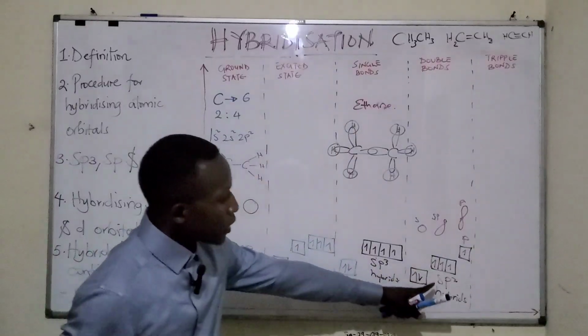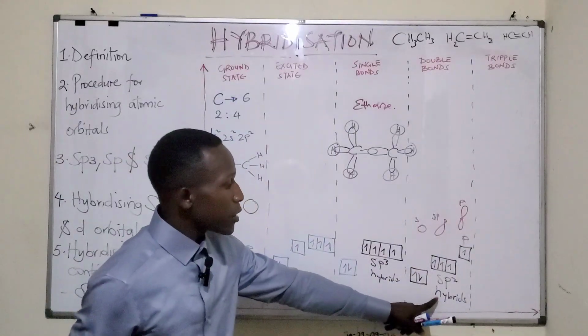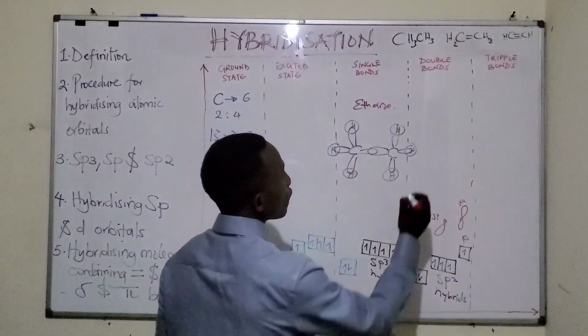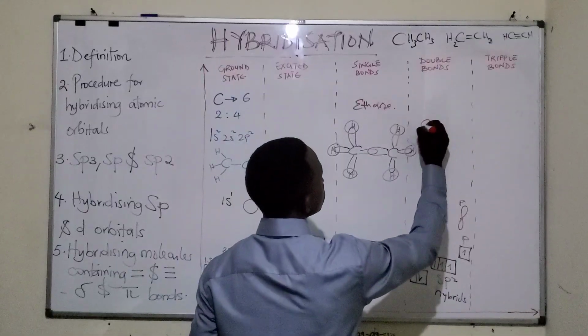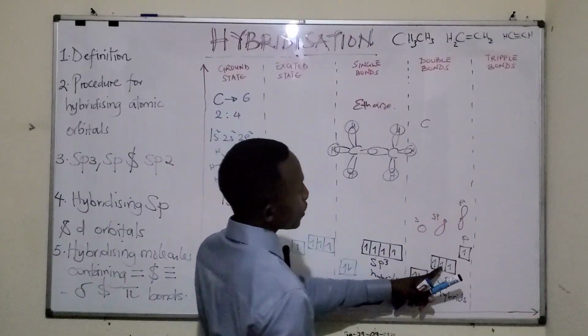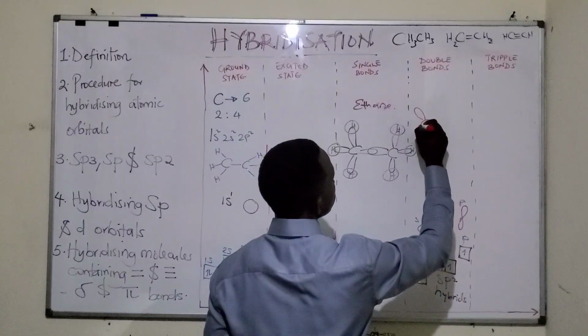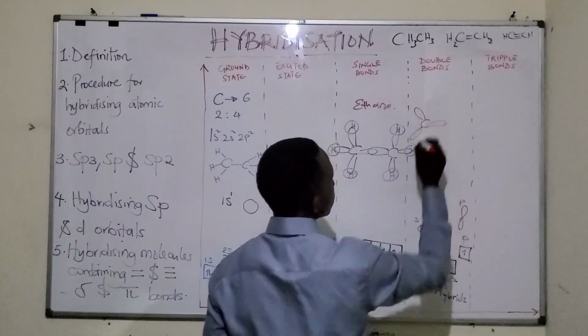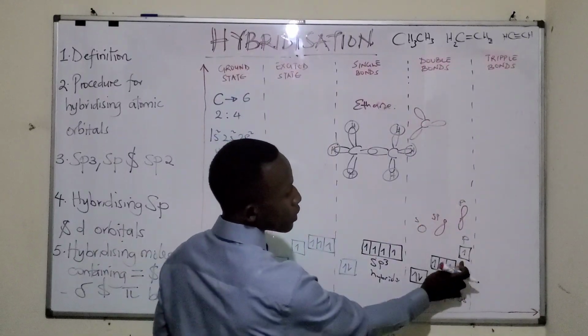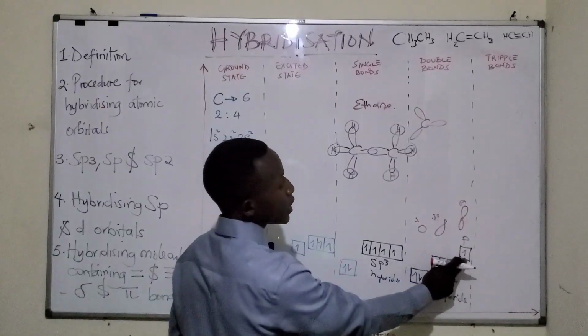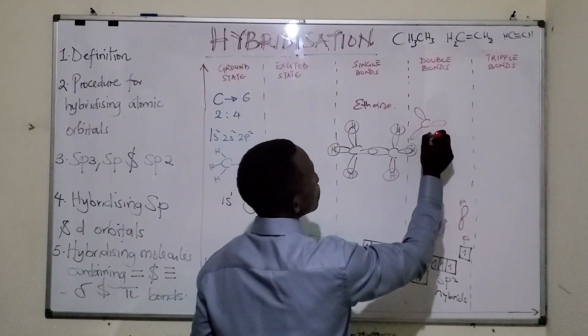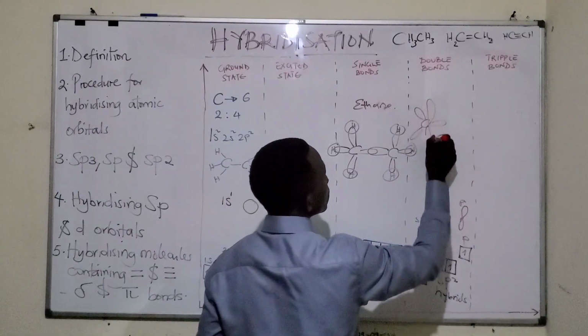Now, if this carbon has this hybridization, we shall have a carbon having three hybrids, 1, 2, 3, and one unhybridized electron.